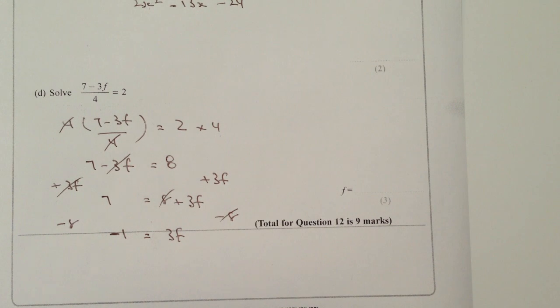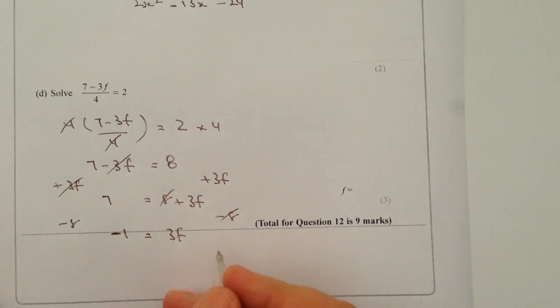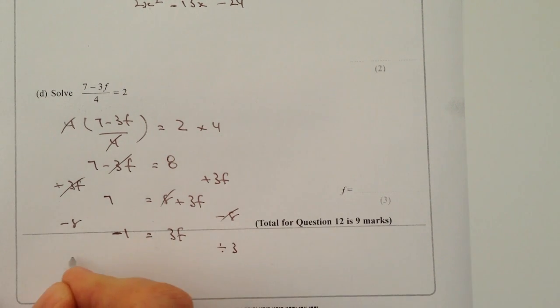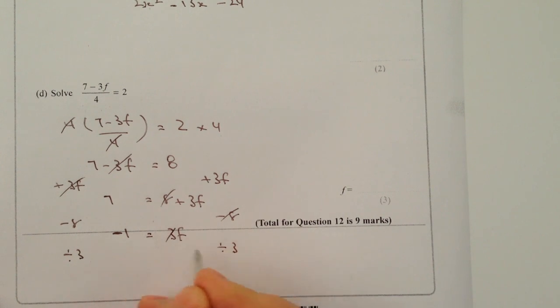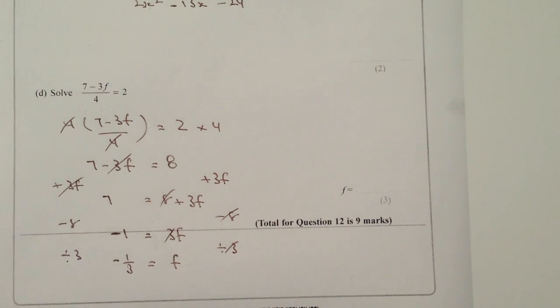So minus 1 is the value of 3 lots of f. In order to find out one lot of f, I'm going to divide by 3, that cancels itself out, so f is going to equal minus 1 divided by 3, which is minus 1/3.